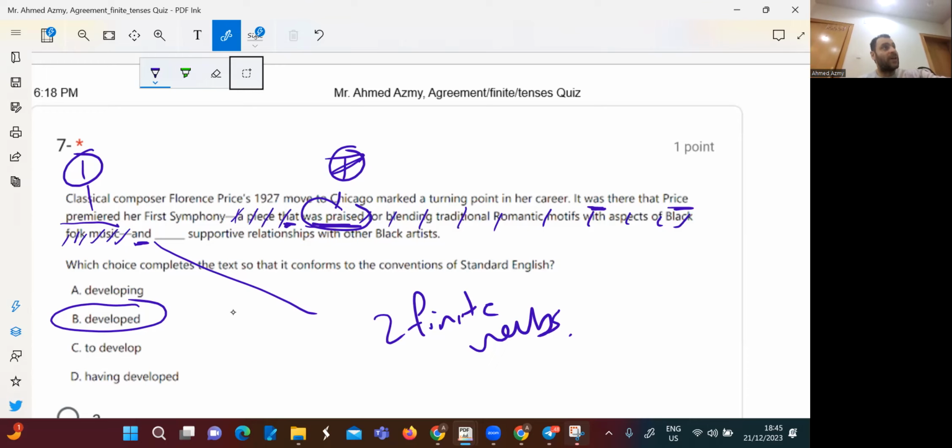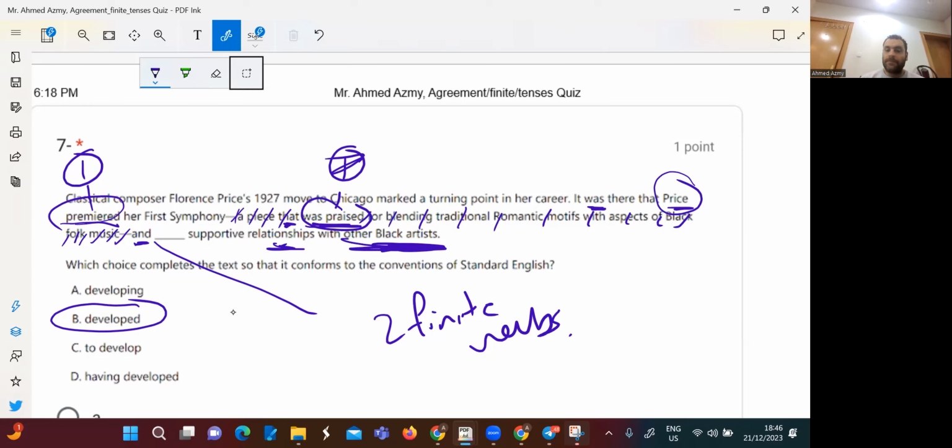Now you understand the rule. Okay. Here Price is the one who premiered and developed relations with other artists.